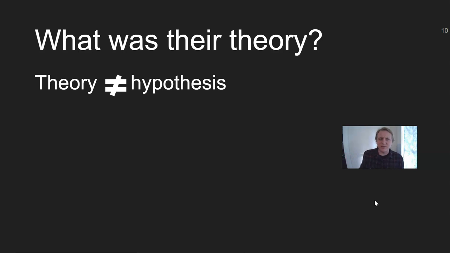So a great example of a theory, apart from the one that you guys are probably all thinking, which is evolution, but like the germ theory of disease, which is the notion that disease is caused by these tiny particles. Or cell theory is another good example within biology, which is the idea that all life is made up of cells. Okay, so a theory is not the same thing as a hypothesis.